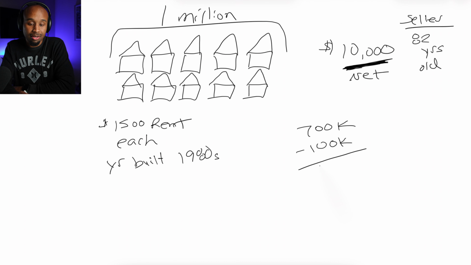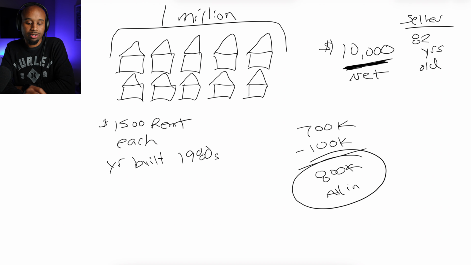And he was like, okay, he was cool with this. So he was going to be all in, closing costs and all that, at 800 grand. So this would have worked out for him because he was keeping all these for the income, the cash flow. He already had other properties anyway, and this would have just added 10 properties to his portfolio.